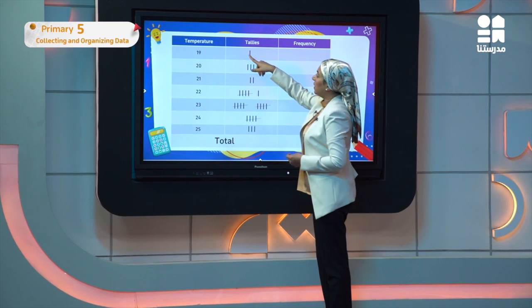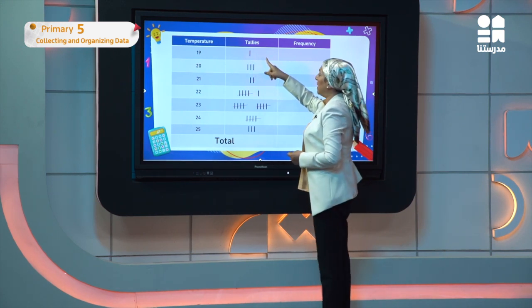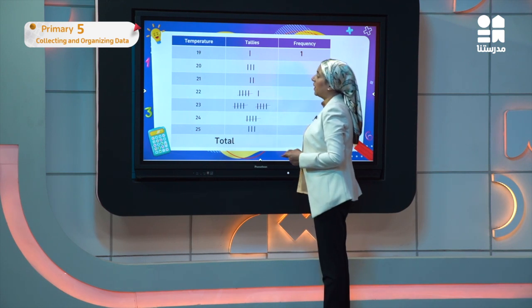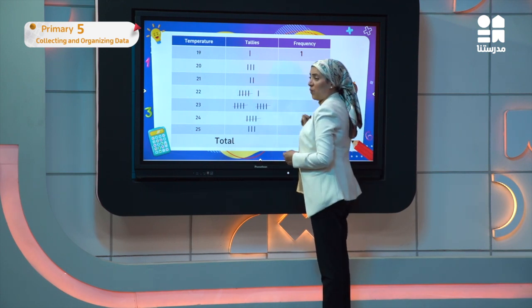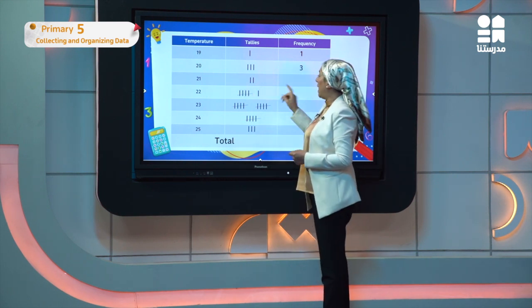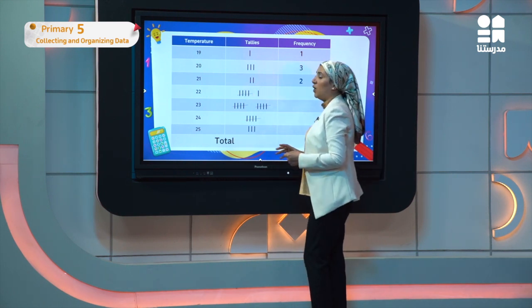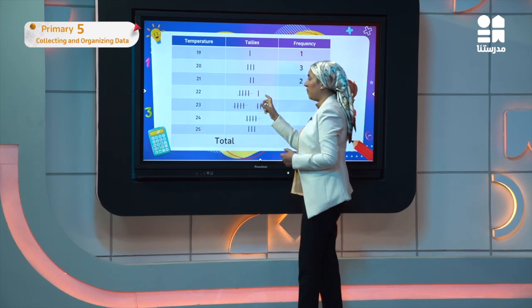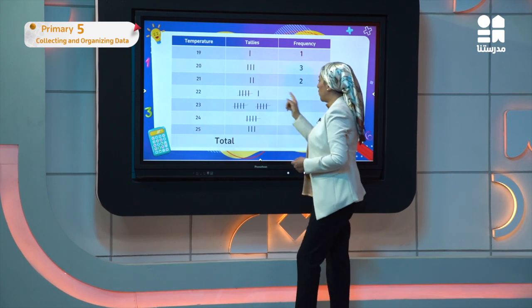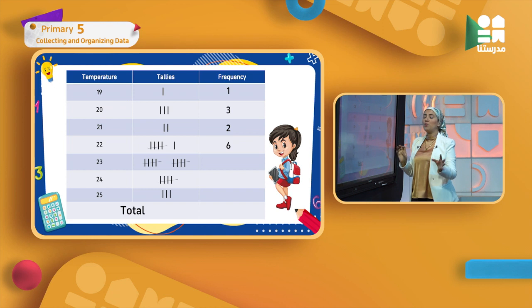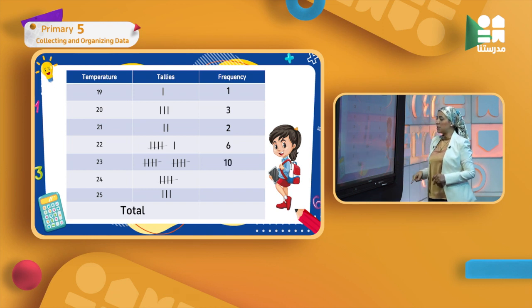So the first one, it was 19. How many times? Only one time, as the tallies tell me. When it was 20, it happened 3 times. 21 happened 2 times. 22, a bundle of 5 tallies plus 1 more, so it happened 6 times. 23, I have 2 bundles, each one of them is 5, so it happened 10 times.